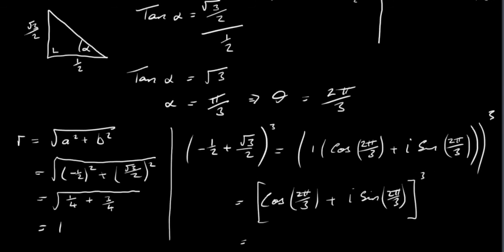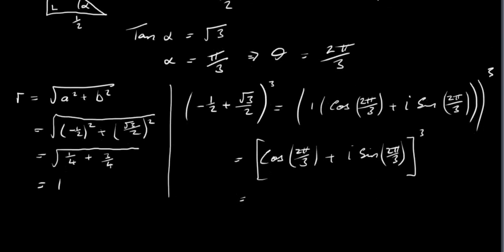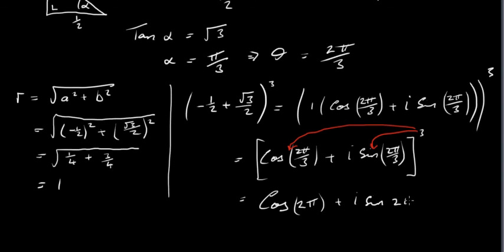And using de Moivre's theorem then, we can just bring that 3 down here in front of the angle. So I'm just going to take this, bring it down here, and bring it in here as well. So what we end up with is cos, well, 3 times 2 pi/3 is just 2 pi, because the 3's will cancel, plus i sine 2 pi as well.